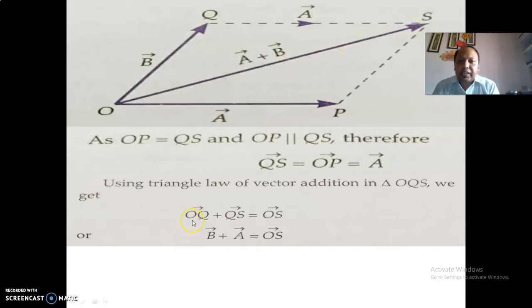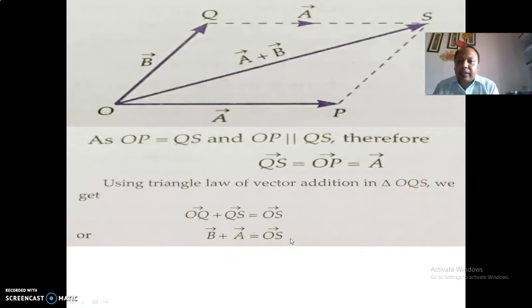So we write here, according to the triangle law only, vector OQ plus vector QS is equal to vector OS, which is the resultant. Now vector OQ is vector B and vector QS is vector A. So vector B plus vector A is equal to vector OS.